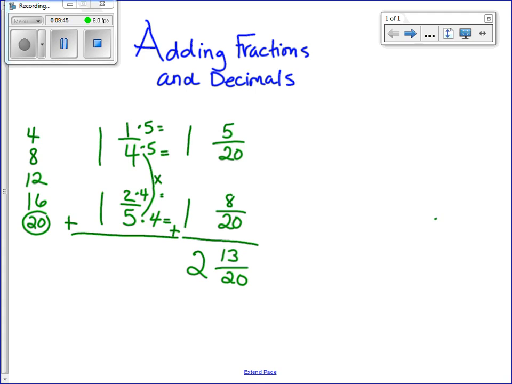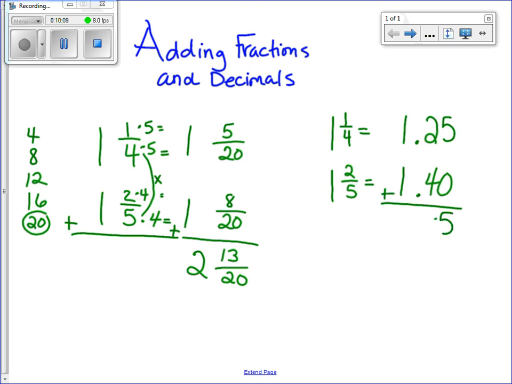Okay, so with the decimal, 1 and 1/4, well, I know that my 1/4 is 25 hundredths or 0.25, and I just put the 1 whole in front of it. 1 and 2/5, I know 2/5 is the same as 4/10, add the zero so that the place values are the same, and add your wholes.